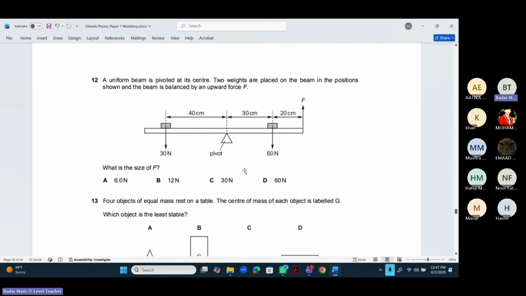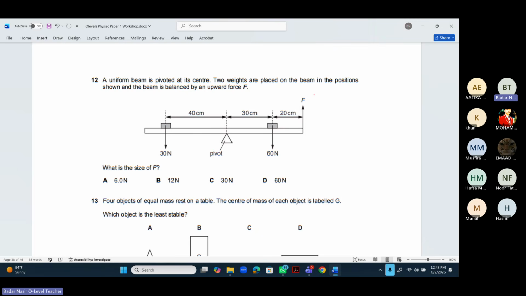Now question number 12. A uniform beam is pivoted at its center. Two weights are placed on the beam in the positions shown, and the beam is balanced by an upward force F. What is the size of the force F?